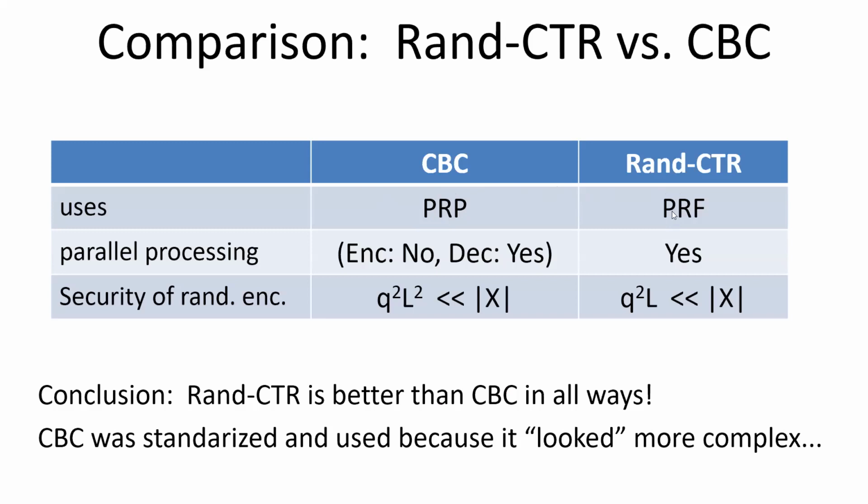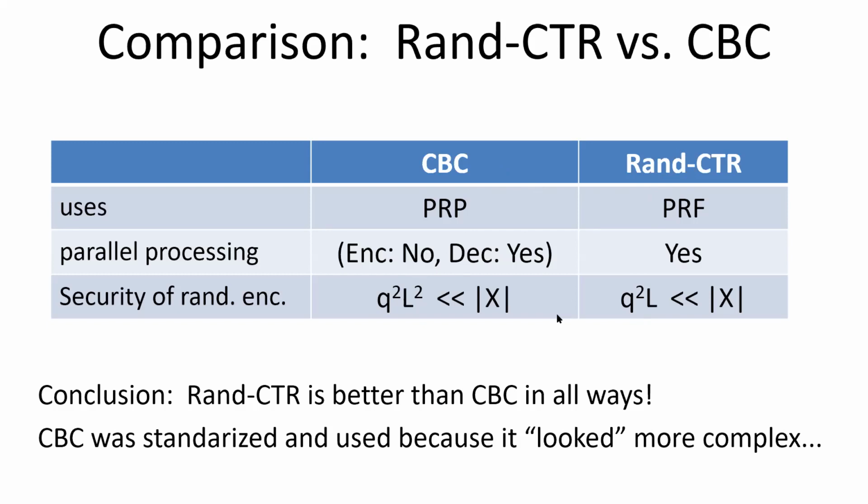So it is potentially beneficial, even though nobody takes advantage of this gap in practice. Randomized counter mode has parallel processing both in encryption and decryption, CBC only in decryption. And the bounds were worse for CBC. So basically, randomized counter mode is simpler and better in every way.